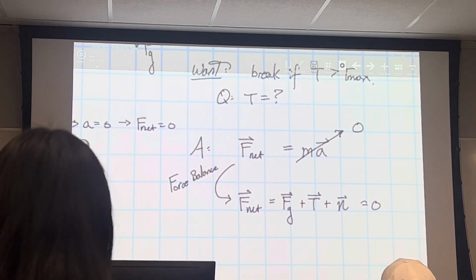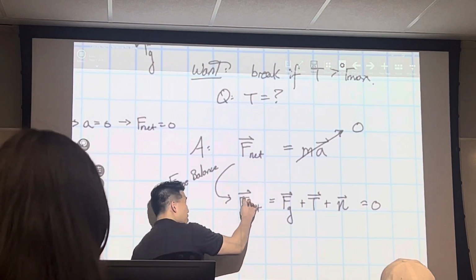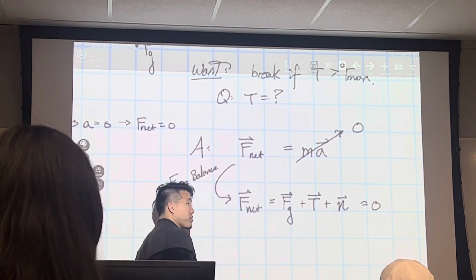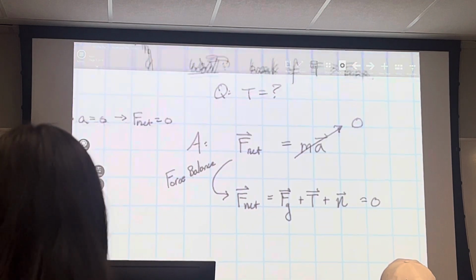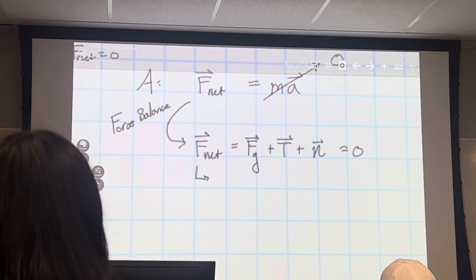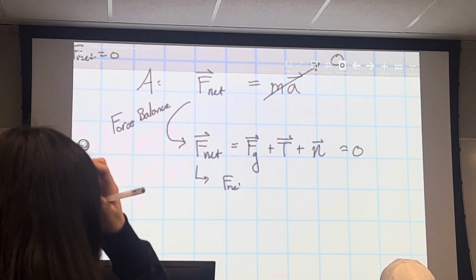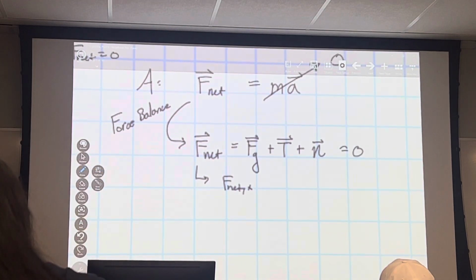Now, to do this problem, keeping it in vector form, that's not the way to go. We always want to break it down into the x and y components. So we first consider the net force in the x direction.